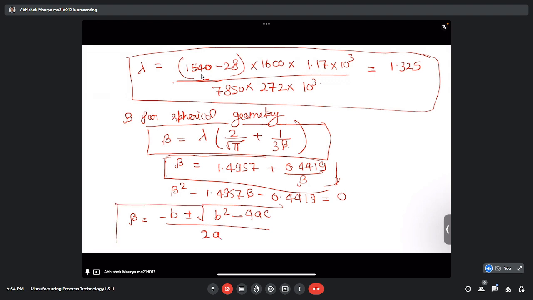I'm sure you understand what a, b and c are for solving the quadratic equation, so I'm not telling that. If you solve it, you will find beta equals 1.75.